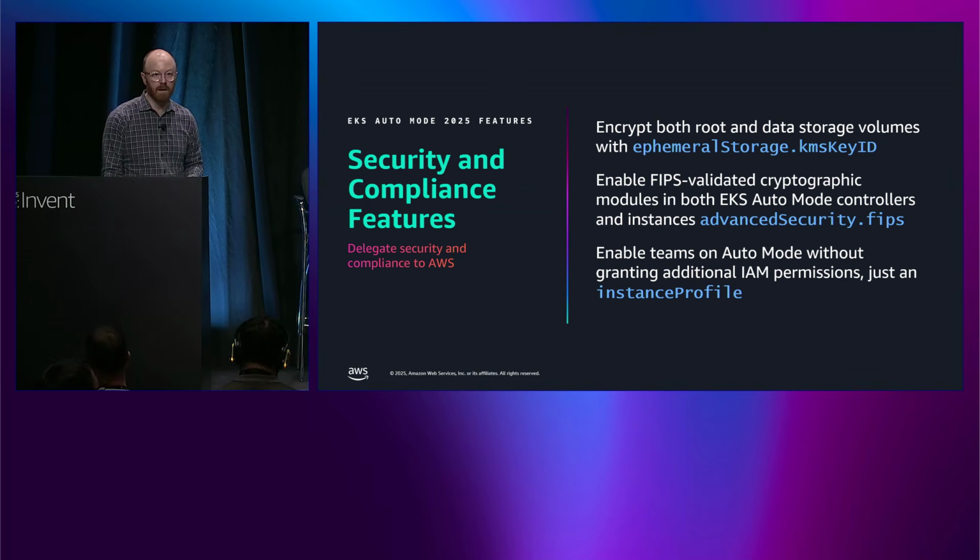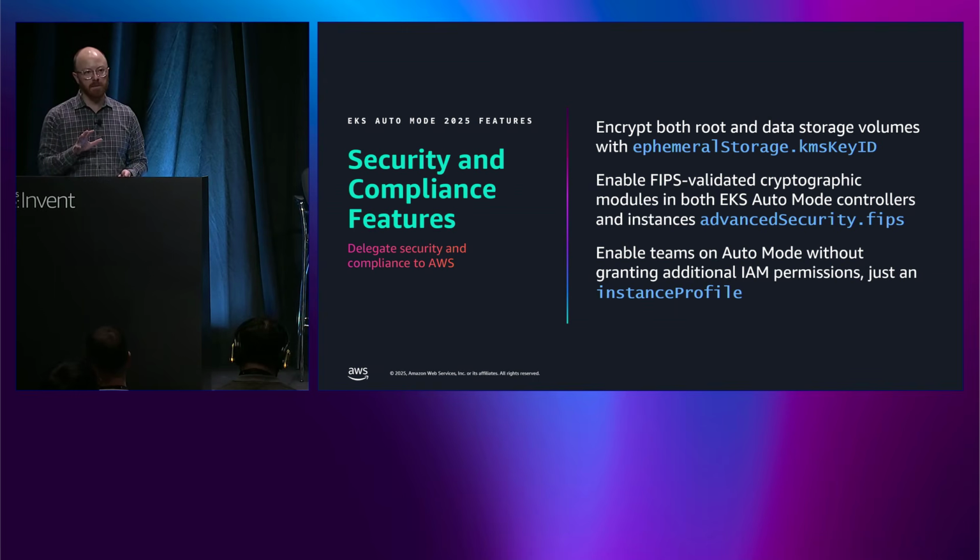For customers in regulated industries, and as part of the launch into the US GovCloud regions, we've also enabled FIPS-validated cryptographic modules for EKS Auto Mode's controllers and the instances that we launch. So this means that you can activate these FIPS cryptographic modules using a setting in the node class for Auto Mode, so advancedSecurity.fips.